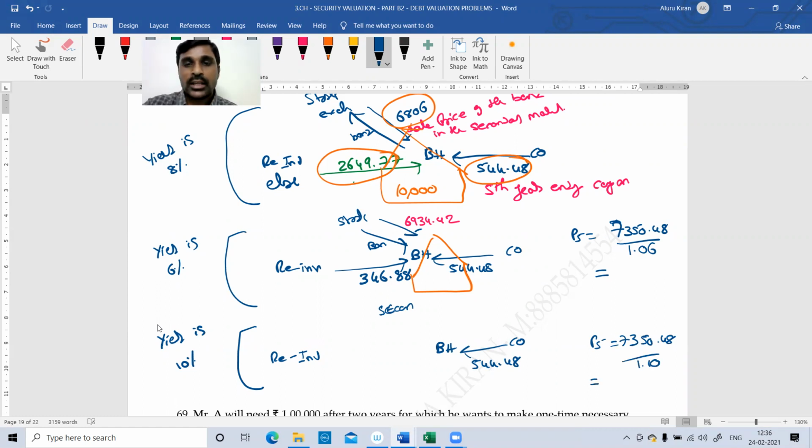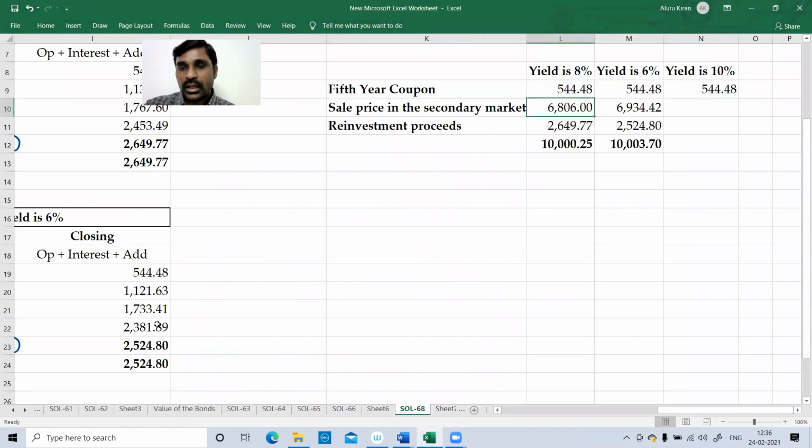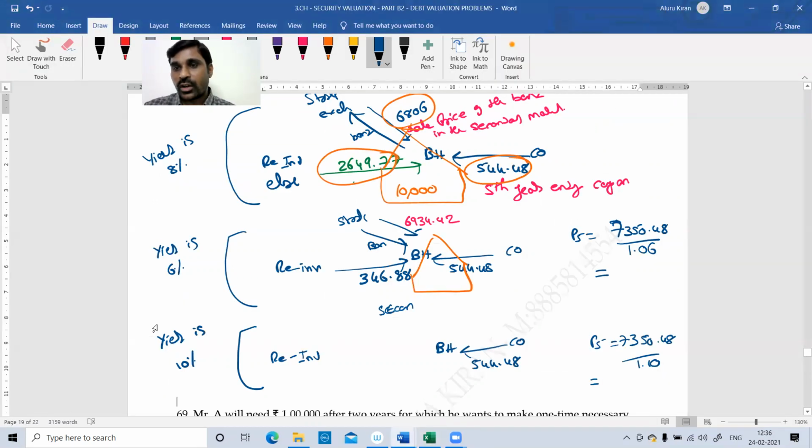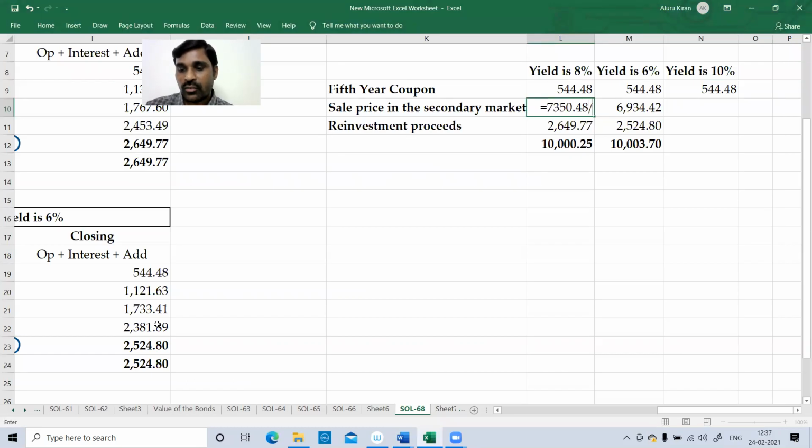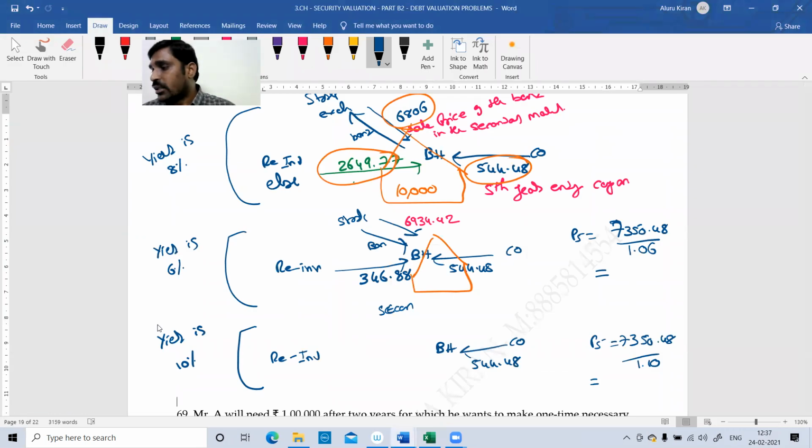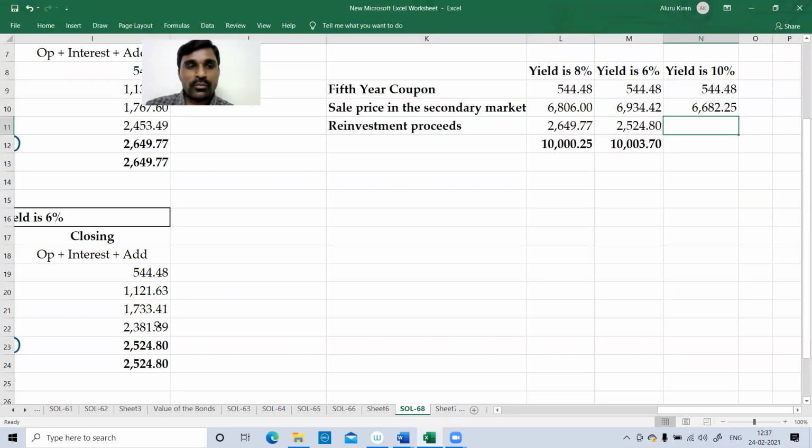Earlier it was 7,350.48 divided by 1.08, and divided by 1.06. This is the sale price: 6,682.25.